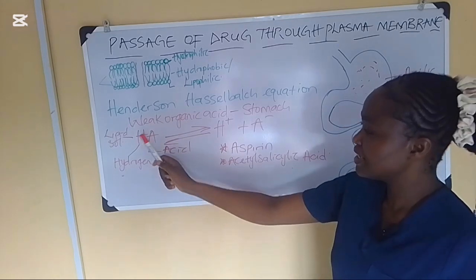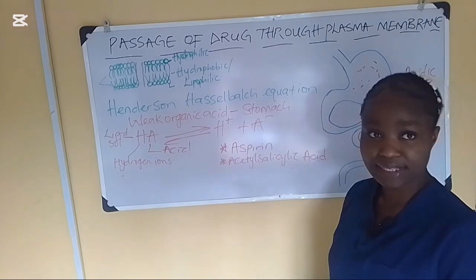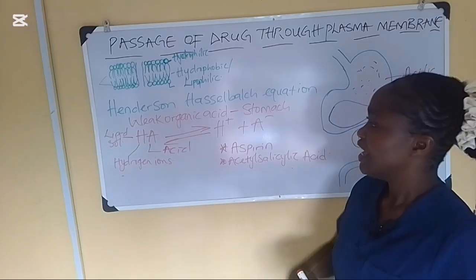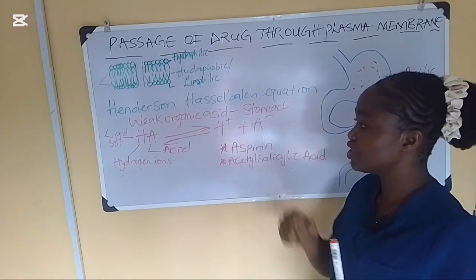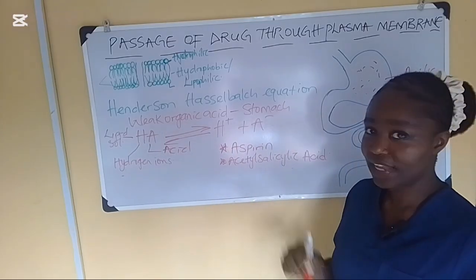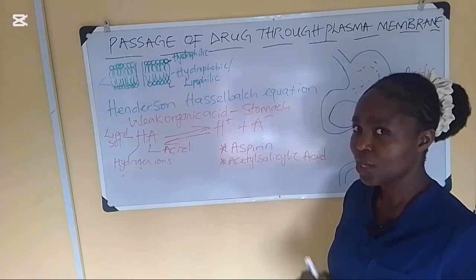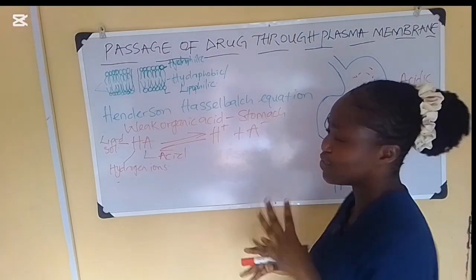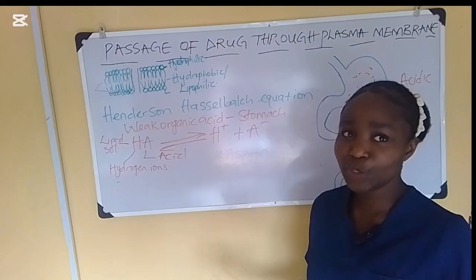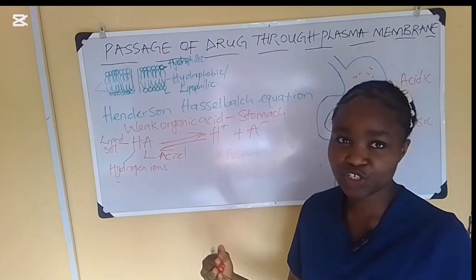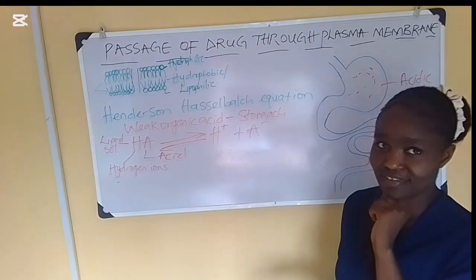If this represents our acetylsalicylic acid, which is its lipid soluble form, it dissociates to give up the hydrogen ion and the acetylsalicylate. Why is aspirin dissociated? While it is dissociated, it loses hydrogen ions.